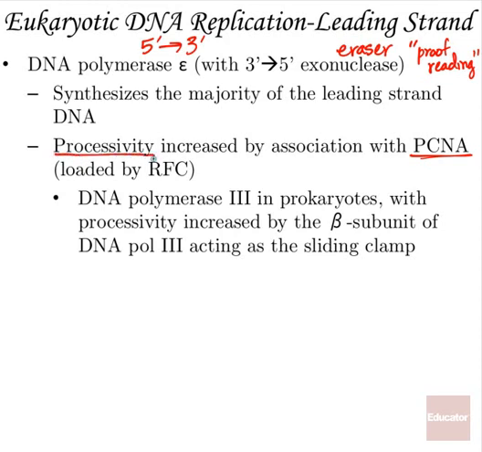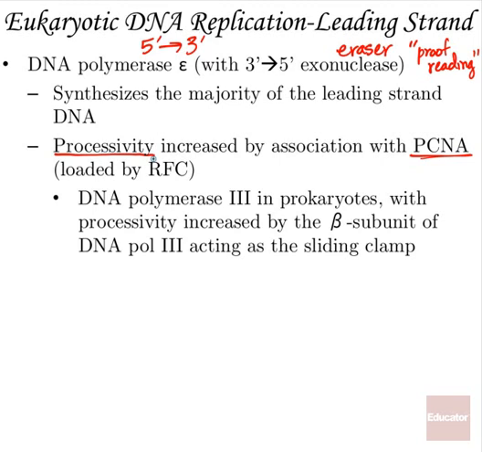Processivity, in layman's terms, means it increases the amount of bases that can be synthesized each time it interacts with the DNA. Really, it's the enzyme's ability to catalyze consecutive reactions without releasing its substrate, which in this case is DNA. So the higher the processivity, the more bases can be synthesized before the enzyme falls off and has to get back onto DNA.